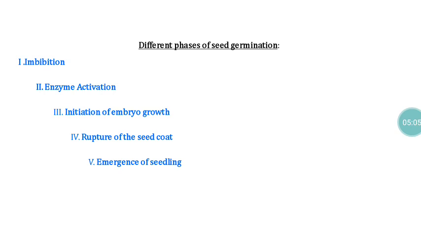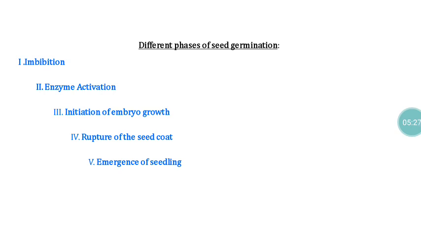Here the embryo undergoes cell multiplication and elongation, and side by side organogenesis, that is, root and shoot formation. Once cell elongation takes place, the seed coat is not able to maintain its structural integrity.